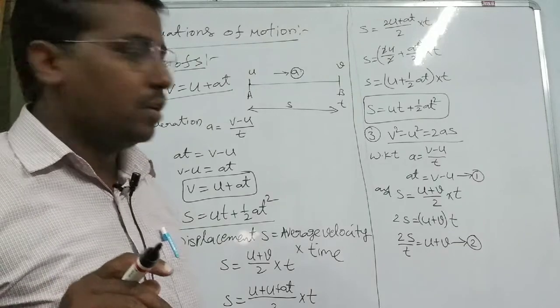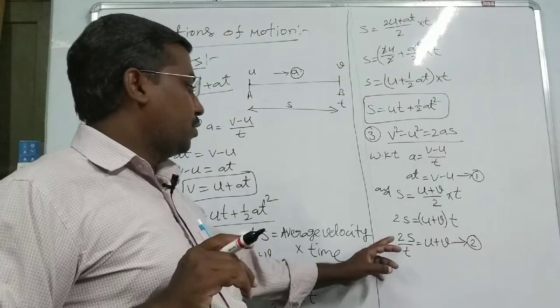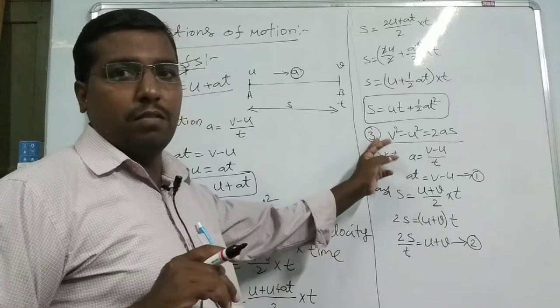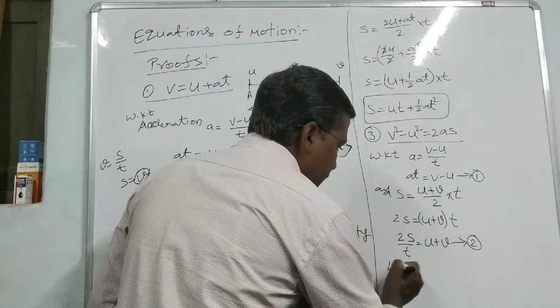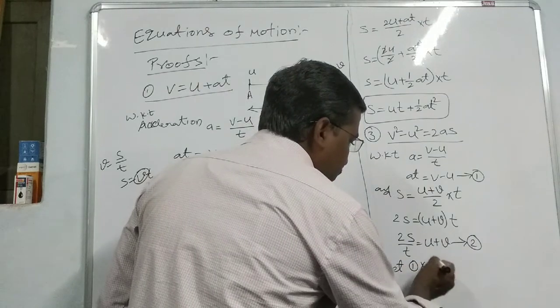Okay students, now we multiply both 1 and 2 to get the third proof. Let 1 be multiplied with 2.